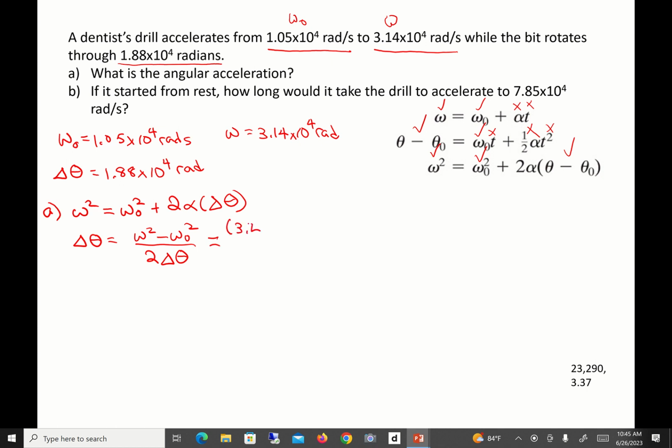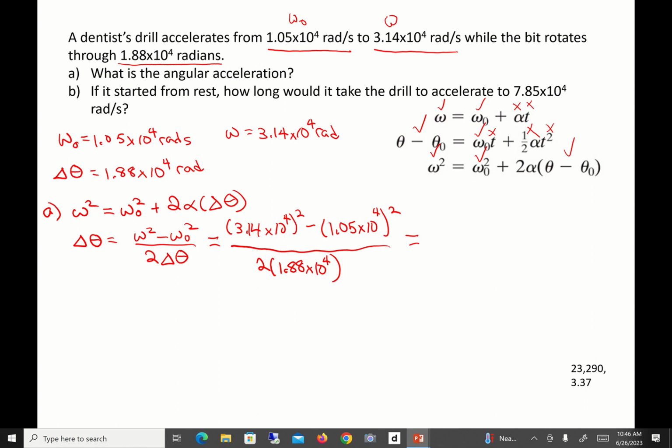So I've got 3.14 times 10 to the 4 squared minus 1.05 times 10 to the 4 squared. Remember when you're doing things with exponents, if you have an EXP or EE button on your calculator, that's a good thing to use because it ties that times 10 to the 4 together with the number in front of it so you don't mess up. Otherwise, make sure you put a lot of brackets in.